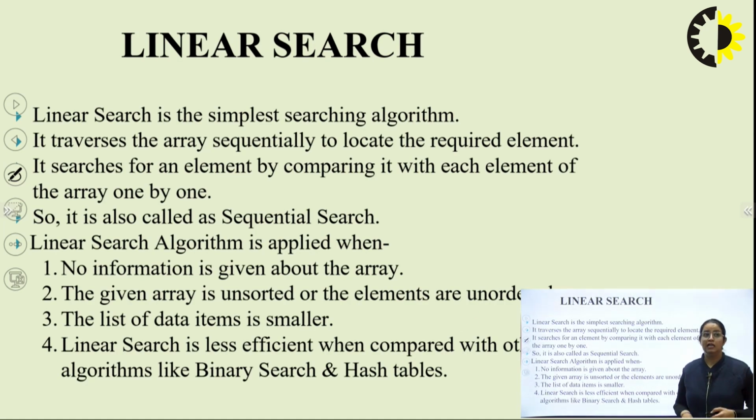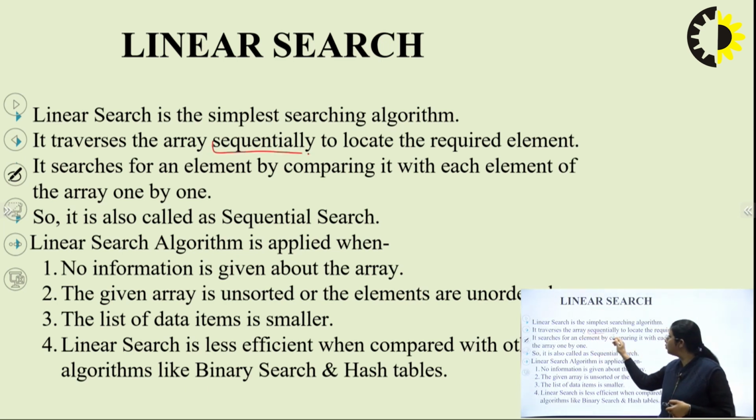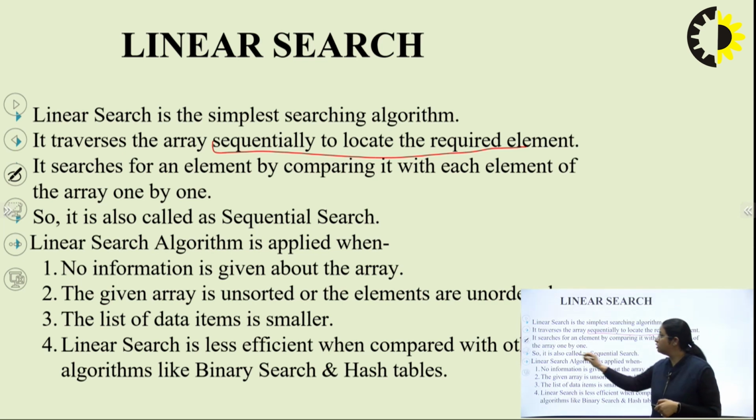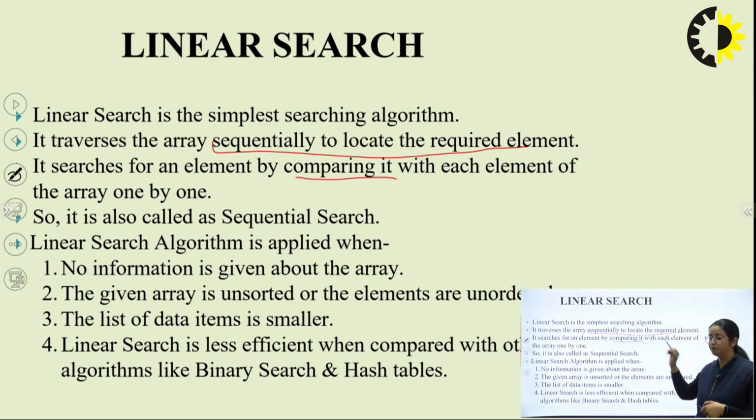Now, linear search is basically the simplest searching algorithm, and it traverses the array sequentially to locate the required element. That means we are traversing sequentially. In linear search, we are going to compare every element one by one.